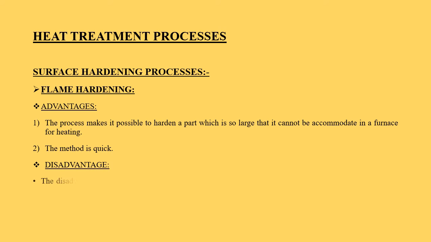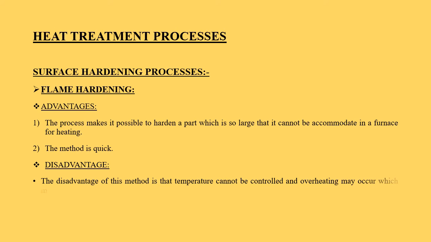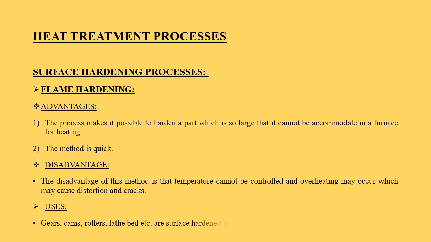The disadvantage of this method is that the temperature cannot be controlled and overheating may occur, which may cause distortion and cracks. Gears, cams, rollers, lathe bed, etc. can be surface hardened by flame hardening method.